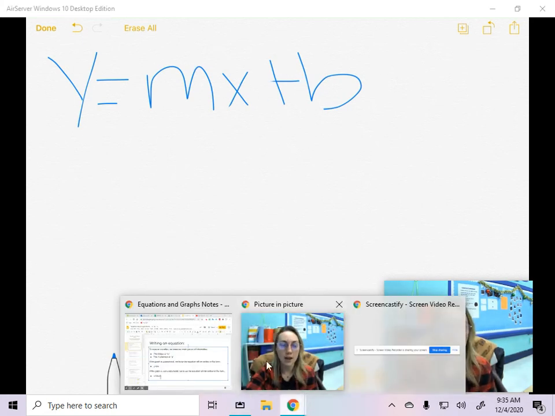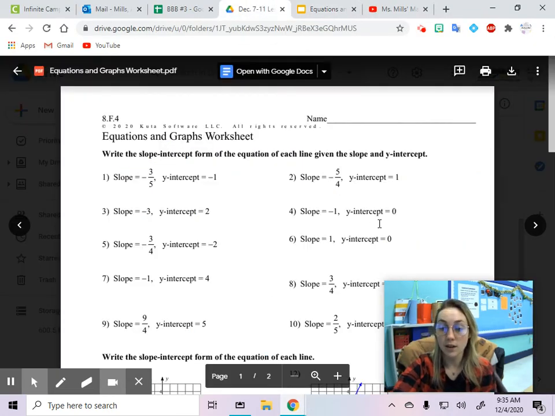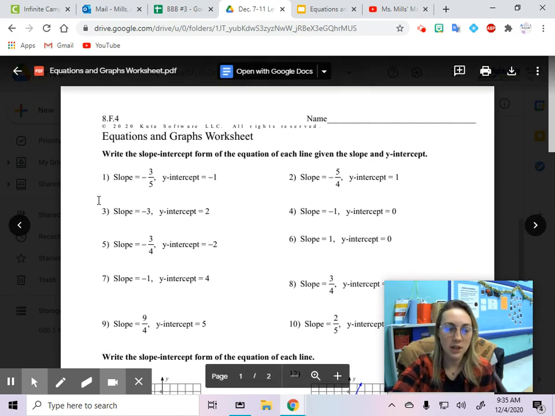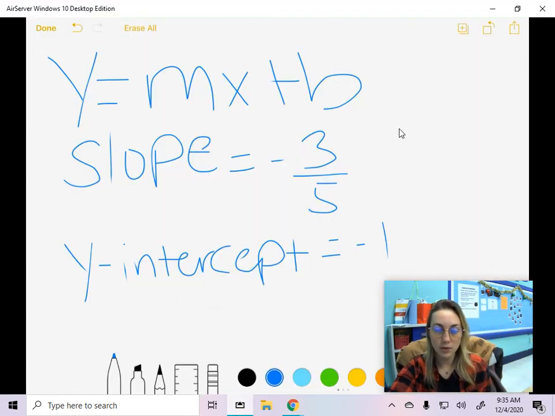Let's look at our worksheet real quick. The first one I want to do is number 1, where we have a slope of -3/5 and a y-intercept of -1. Cool, so we have both of those things.